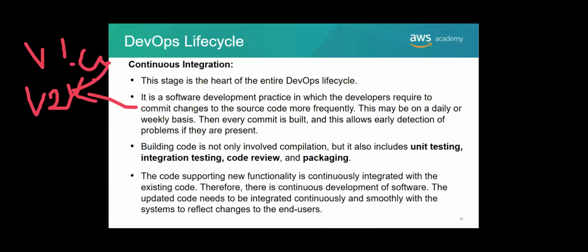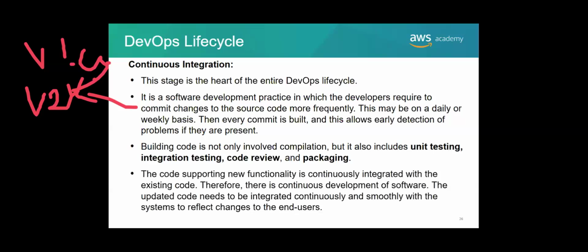The updated code is integrated continuously and smoothly with the system to reflect the changes to the end user. I think you might have seen some changes in WhatsApp, maybe color or font, something changed. Correct? When you update, they are the same features, but in an updated version. Yes or no? Yes. The font size and style might be the same; they'll put gradients and all those things.